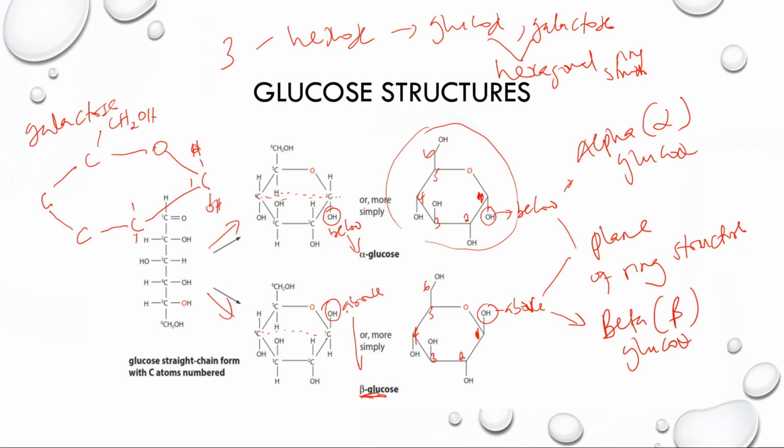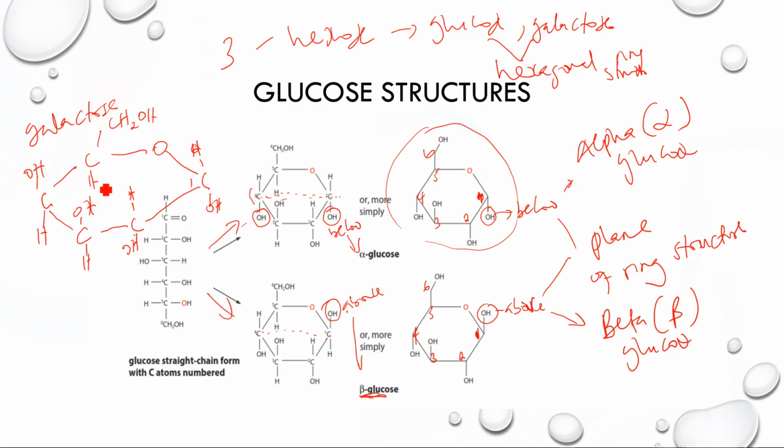Carbon 2: the OH is down, H is there. Carbon 3: OH is up, H is down. Carbon 4: in glucose the OH is down, but for galactose the OH is up. That's the only difference between the two of them.